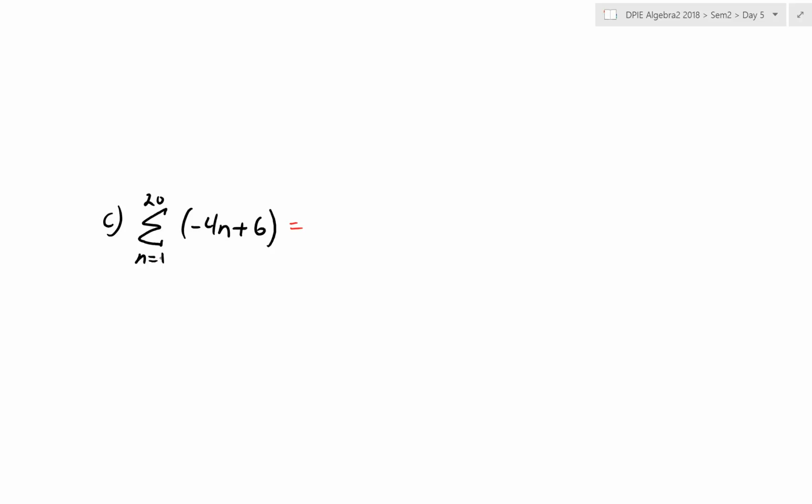So in this series, we start off by plugging in 1 again. That gives us negative 4 plus 6 is 2. And then plug in 2. Negative 8 plus 6 is negative 2. So you can think of it as plus negative 2 or just minus 2. It works the same either way. When we plug in 3, we get negative 12 plus 6, which is adding negative 6, and so on.